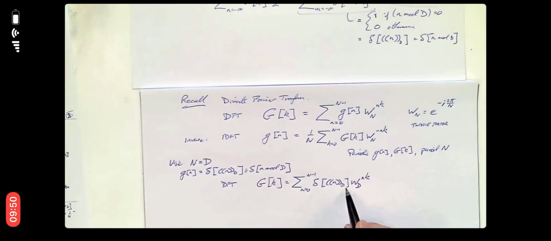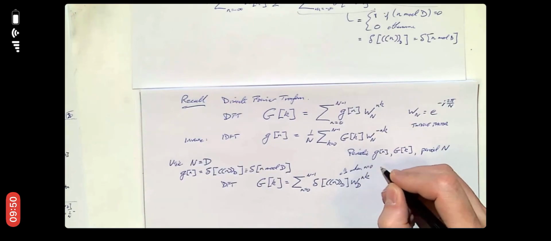Now let's look at this delta of n mod d, because this is equal to 1 when n is equal to 0 mod d. So that means that if we sum up all the values here, all of them are 0 except for the one where n is equal to 0.